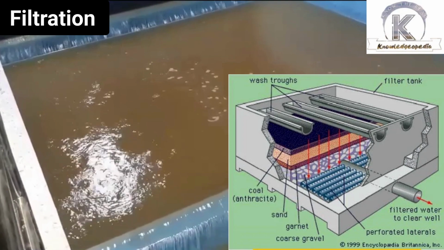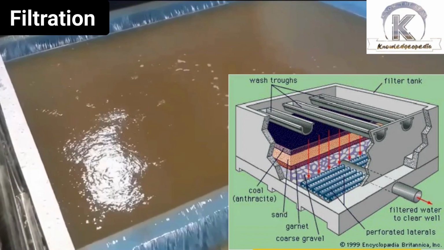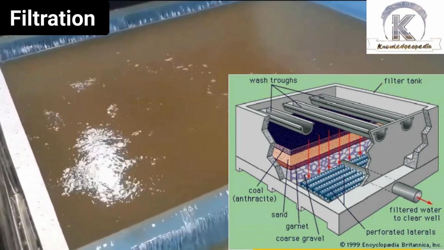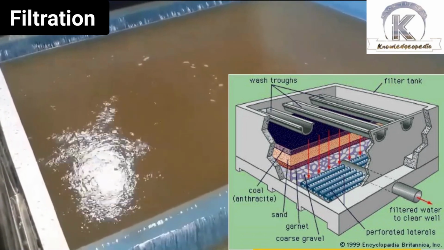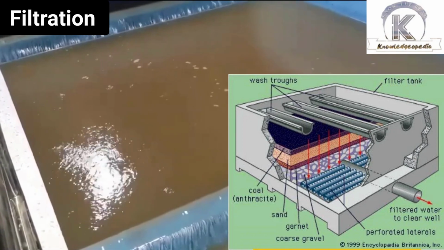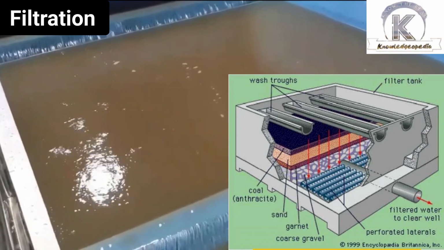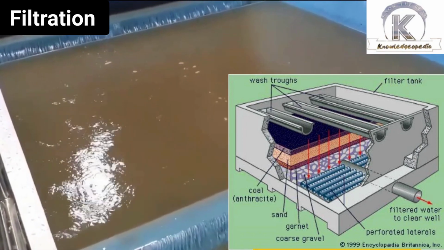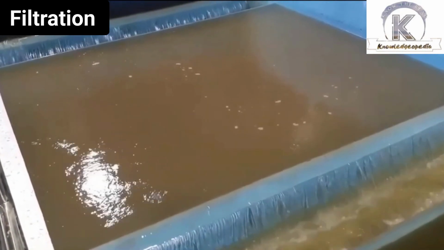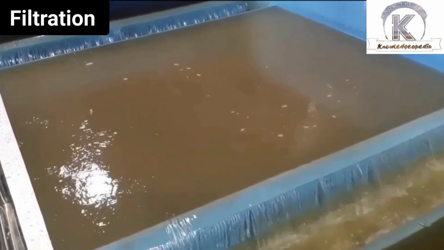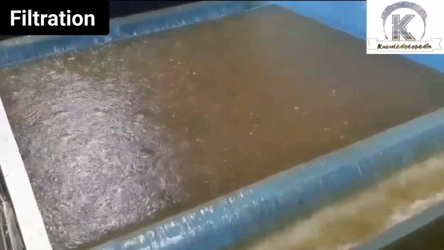As you can see in the block diagram of the tank design, water comes from the top level and flows through the primary layer of coal and sand. It flows through garnet and coarse gravel. The water further passes through multiple perforated lateral chamber filters. The entire filtration process effectively removes 98 to 99% of bacteria, and the turbidity level comes down to as low as 1 NTU.